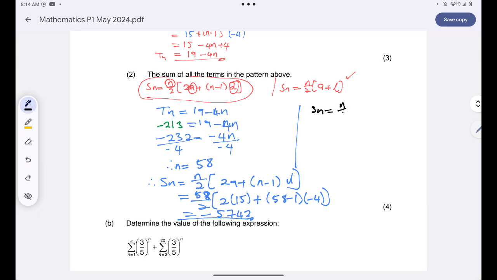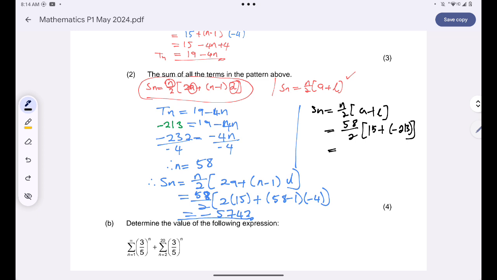Okay, let me check if I use this other equation. Sn is equal to n over 2 times (a plus l). 58 terms. The first term is 15 plus negative 213, which is my last term. Okay, what do I get? 58 over 2 times that.